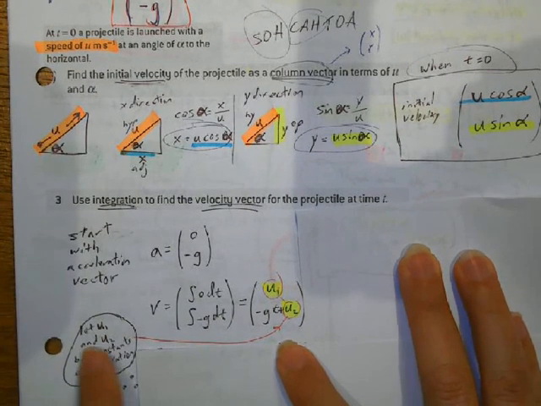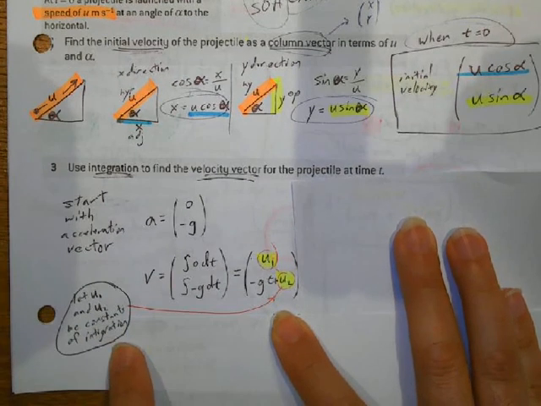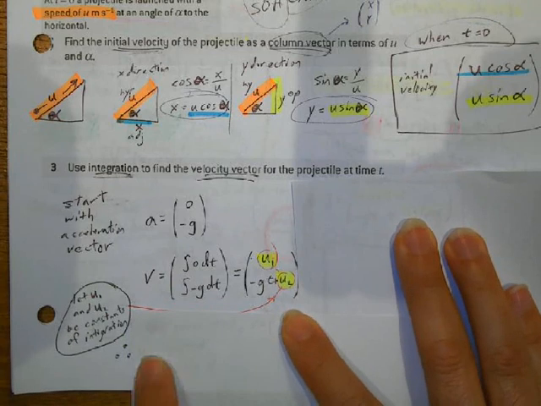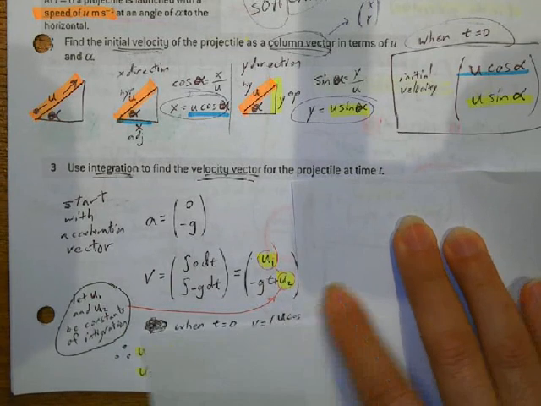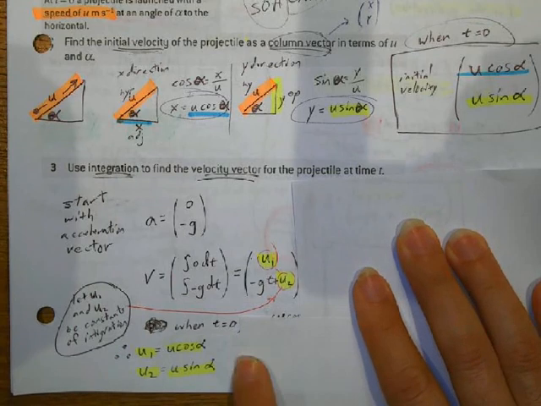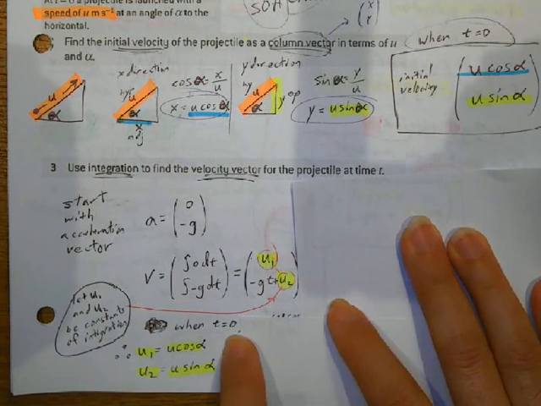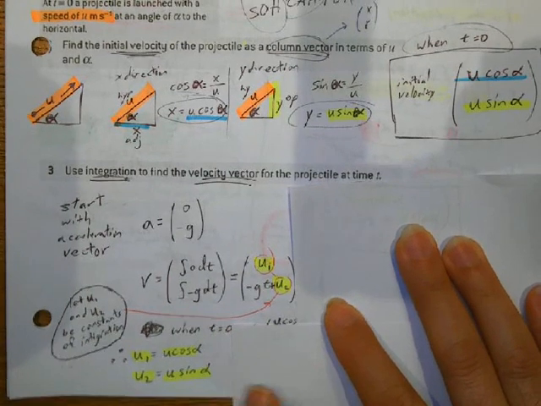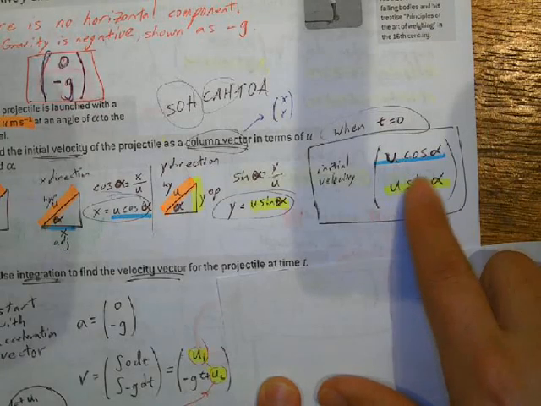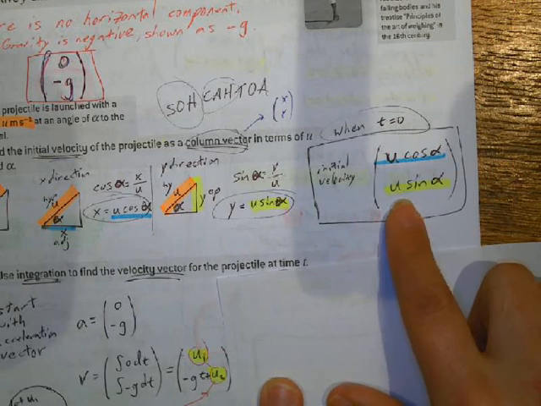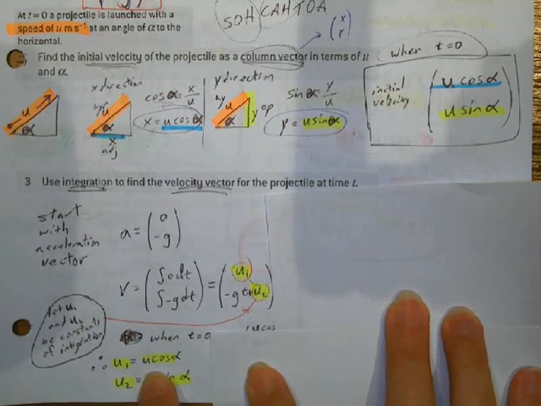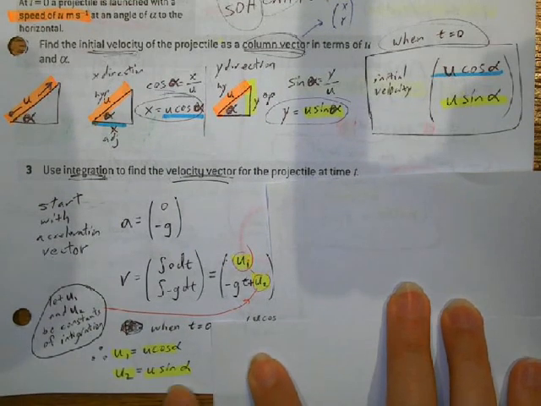We're letting u1 and u2 be constants of integration, just like we use the letter c as the constant of integration. Now when time equals 0, we know our velocity is u cosine alpha, u sine alpha. So that means u1 is going to be u cosine alpha, and u2 is going to be u sine alpha.